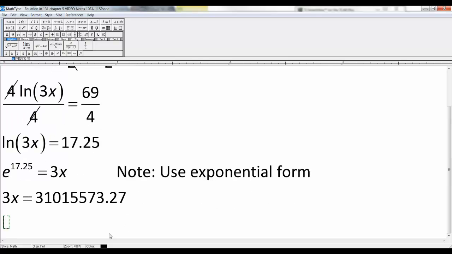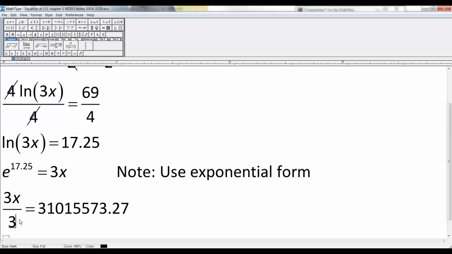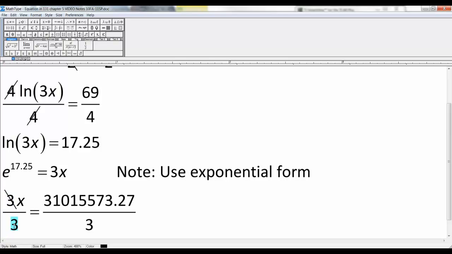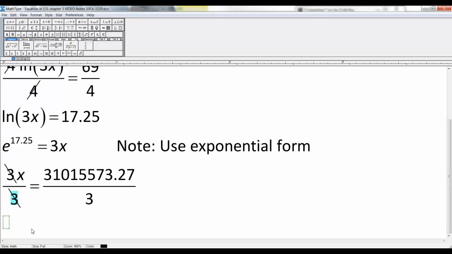Okay, and then to get x by itself, we're just going to divide both sides by 3. I'm trying to make the 3 disappear. So we have x is, well, this was approximately equal, to be fair.